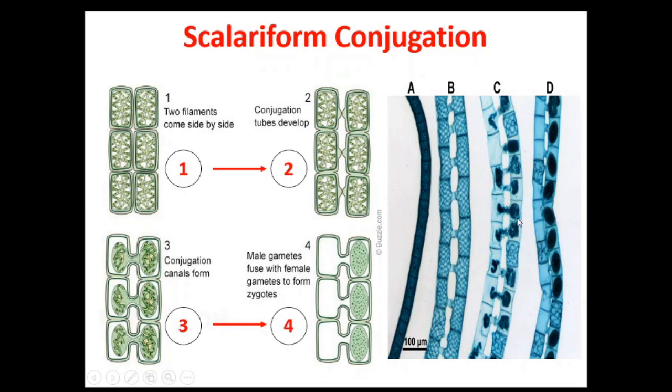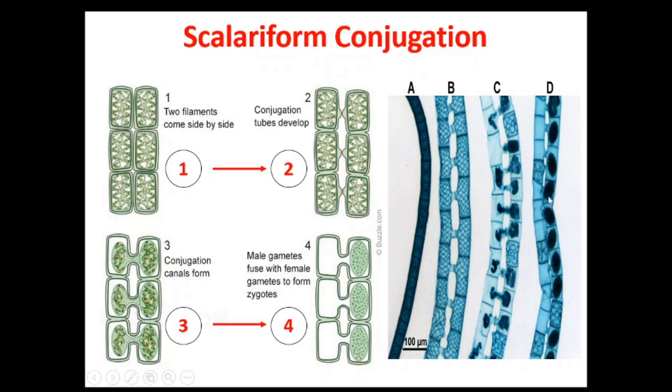In scalariform conjugation, generally one of the filaments functions as the male filament and produces the male gametes, and the other filament functions as the female filament and produces the female gametes. The male gametes are passed through these conjugation tubes and they unite with the female gametes.